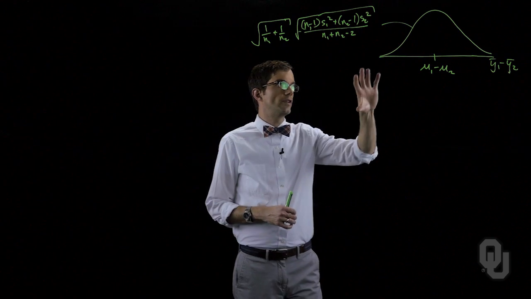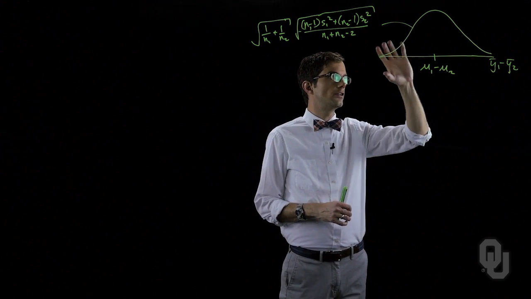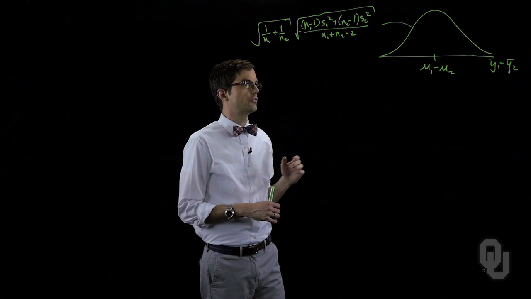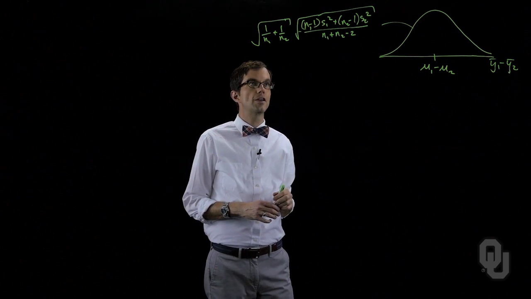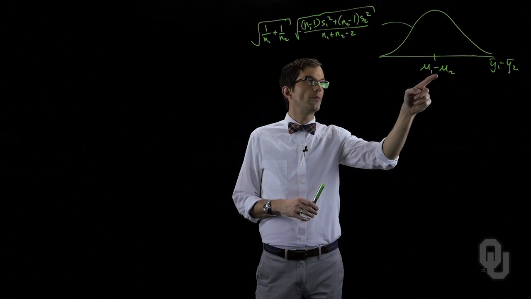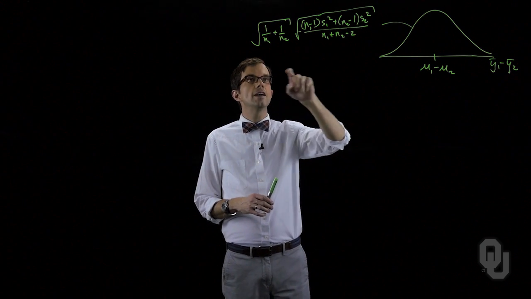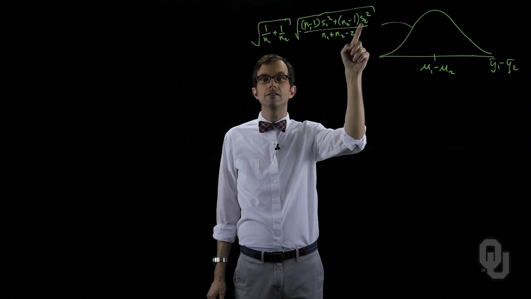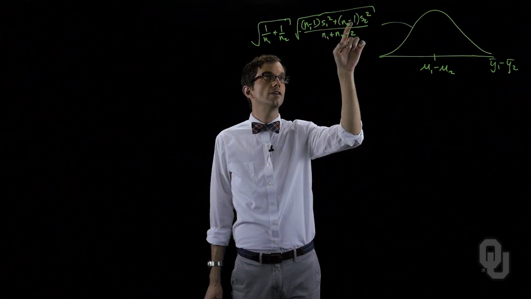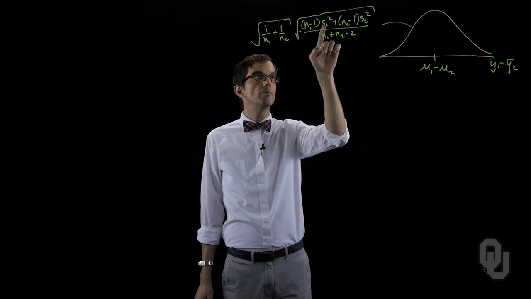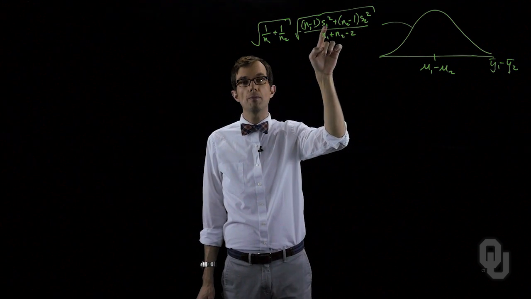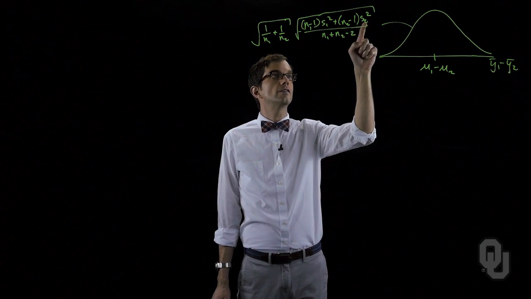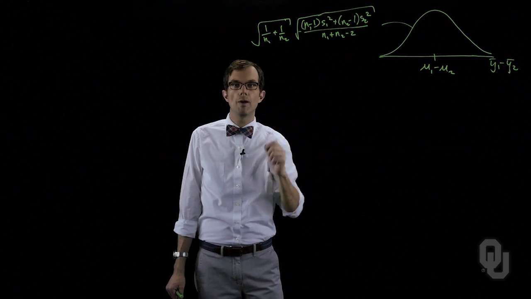So we can assume this is a normally distributed sampling distribution if either population distributions are normal or if we collect a sufficiently large sample size. It has mean mu1 minus mu2, and this is the standard deviation. Note that it contains s's, not sigmas. It contains the sample variance for the sample that we pull from population 1, and the variance of the sample that we pull from population 2.